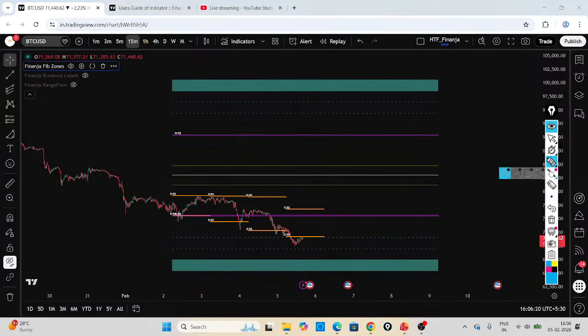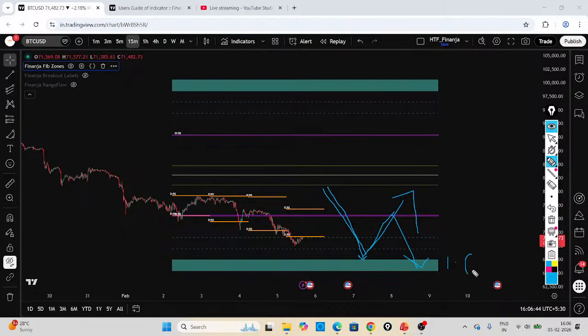Most of the time what extensions do, I already explained. If the market comes to this area, the movement will be very fast, and however fast it falls, that fast only. At least it will go to this level and come back, or else it will bounce back properly. Similarly it will be applied.